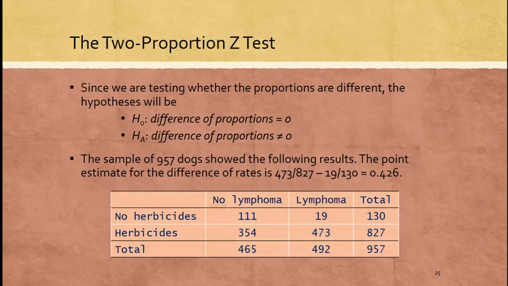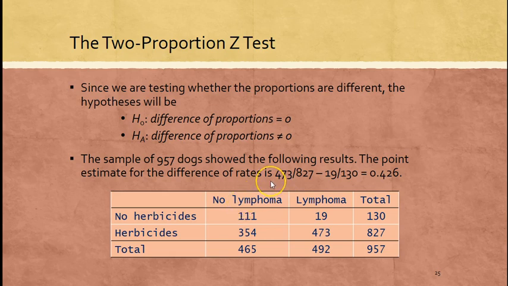Since we're testing whether the proportions are different, again, the null hypothesis is that the difference in proportions is equal to 0. The alternative is that the difference in proportions is not equal to 0. There were 957 dogs in these results. The point estimate is the difference in the rates.